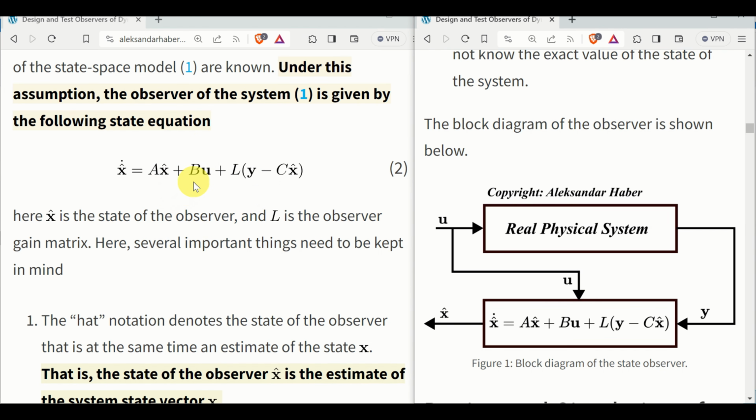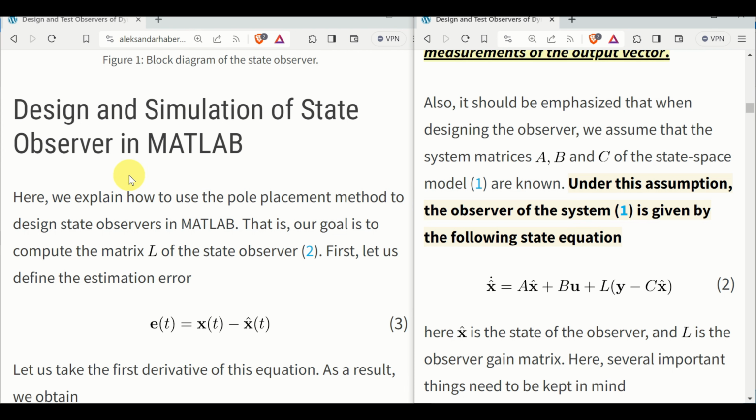Equivalently, we want to design the observer gain matrix L such that the state estimation error x minus x hat asymptotically approaches 0. As we explain later on, this means that the closed-loop dynamics of the observer has to be stable. Next, let's learn how to design and simulate the state observer in MATLAB by using the pole placement method.